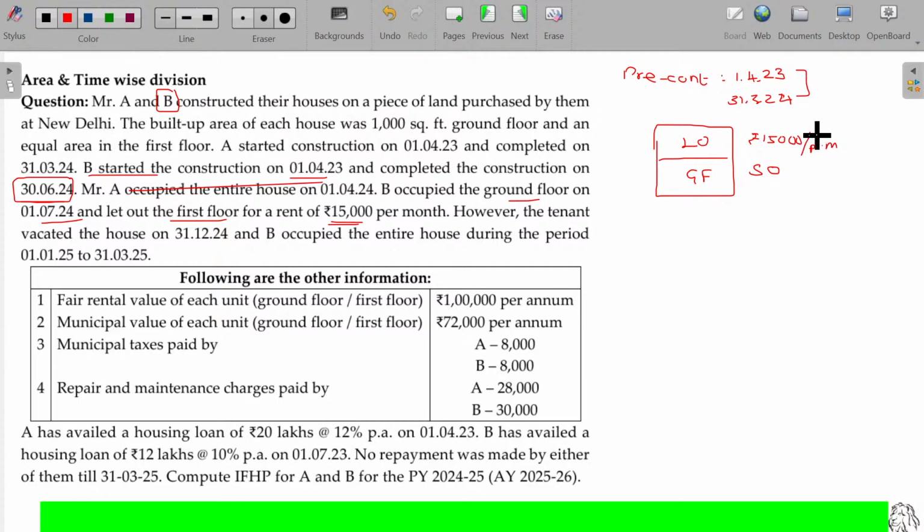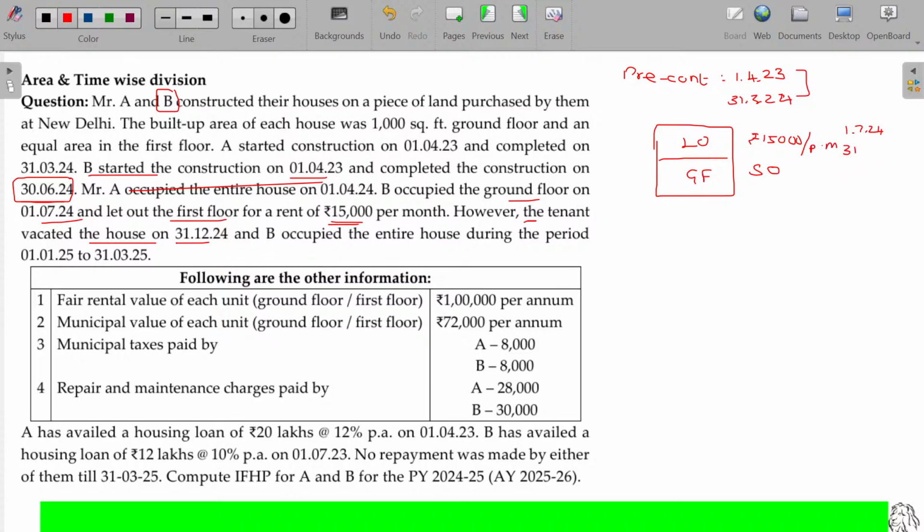Okay, 1/7/24 onwards. Clear. However, the tenant vacated the house. So 1/7/24 onwards it was let out.